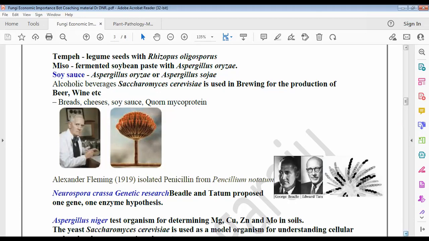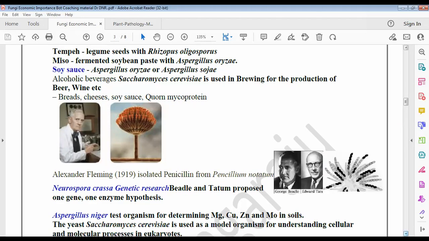Another fungus that we use in genetic research: Beadle and Tatum proposed the one gene, one enzyme, one gene, one protein theory by using the fungus Neurospora crassa.